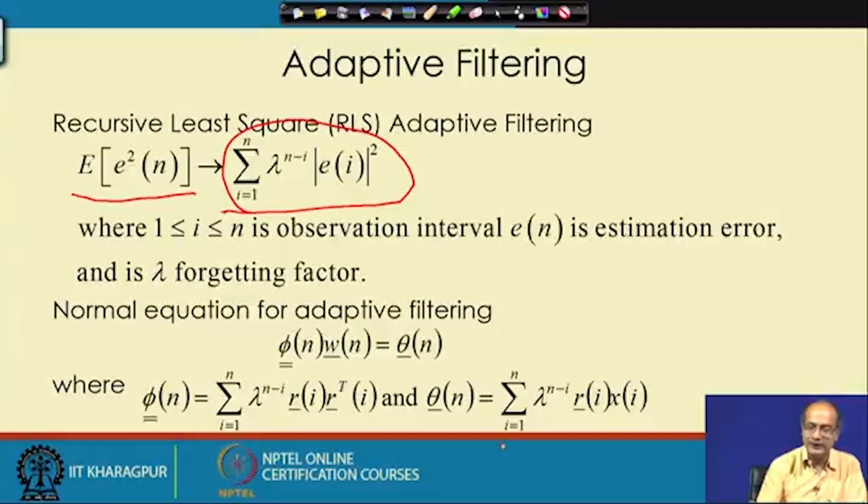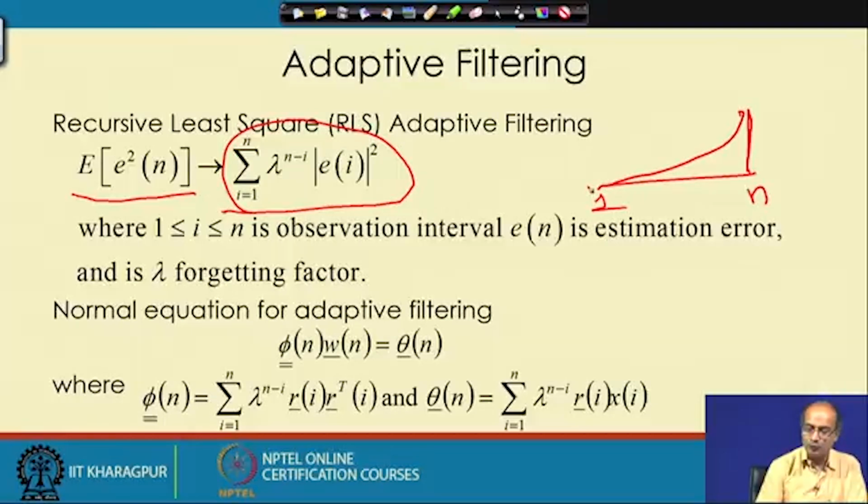Now, how is it working? Say if this is the instant 1 and now we are at instant n, the value of lambda here, which is less than 1, would be here, and as we go back over the window, we have the power of n, it will reduce like this.